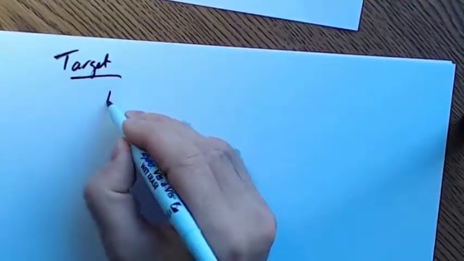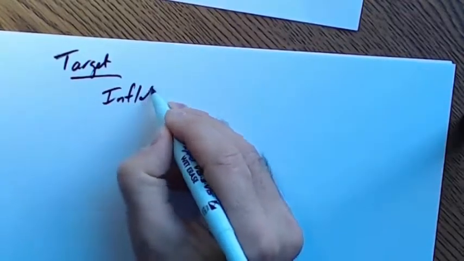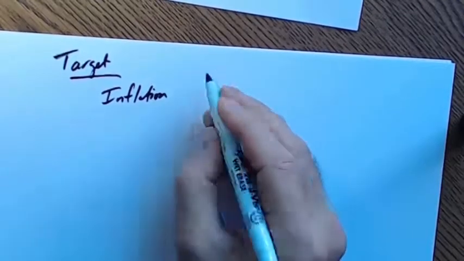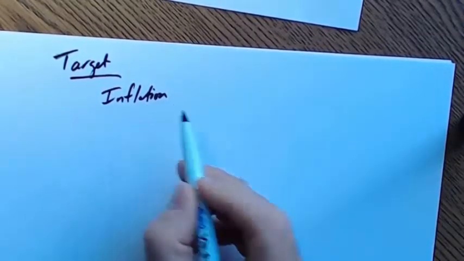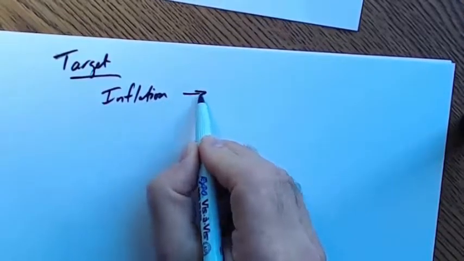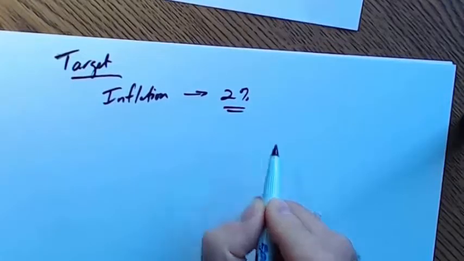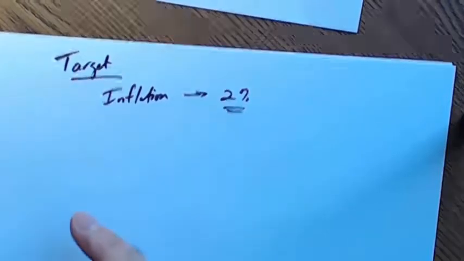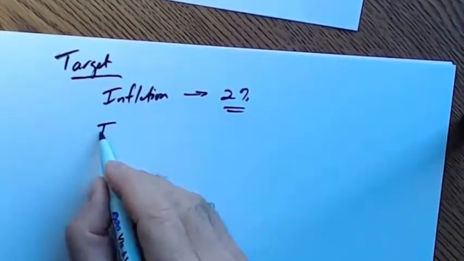It could try to target inflation because it has a mandate to keep inflation or prices stable. So it can target a certain interest rate or a certain inflation rate, and now it says 2%, so that's realistic. It can also target interest rates.